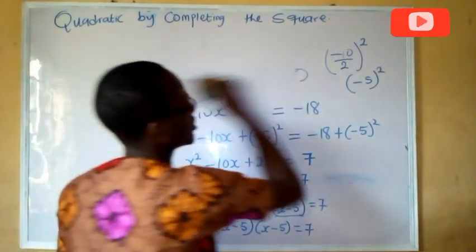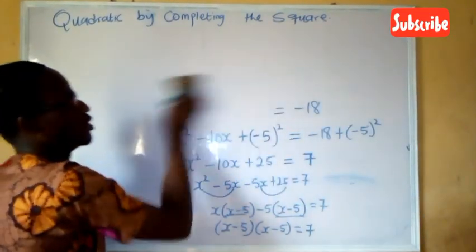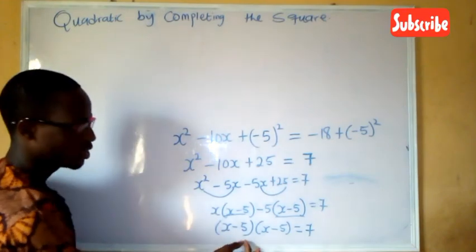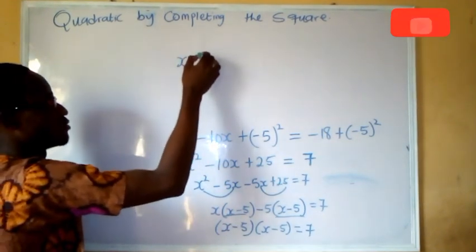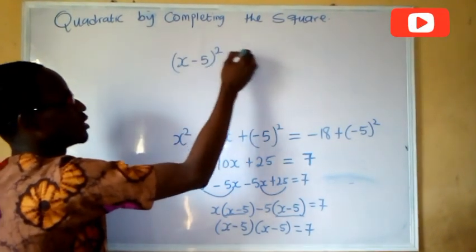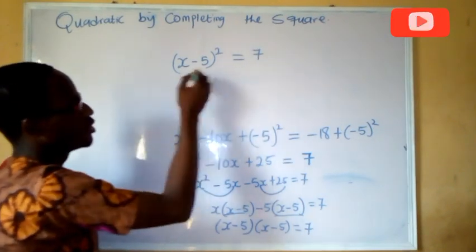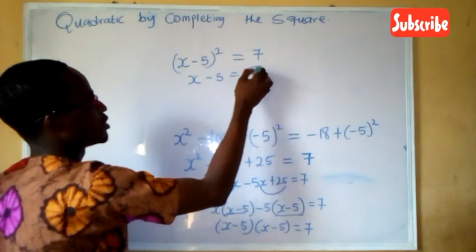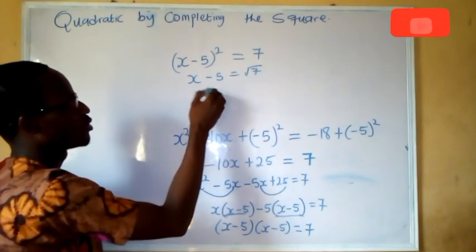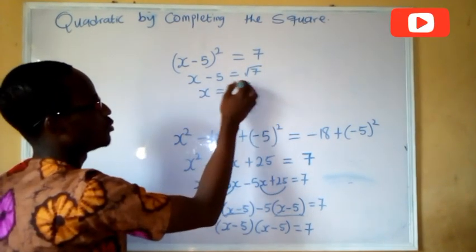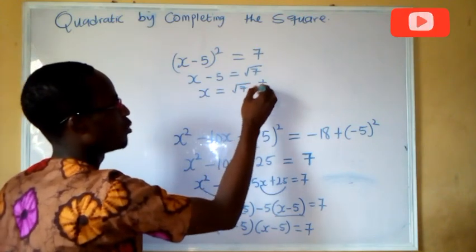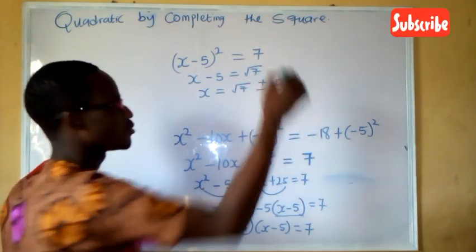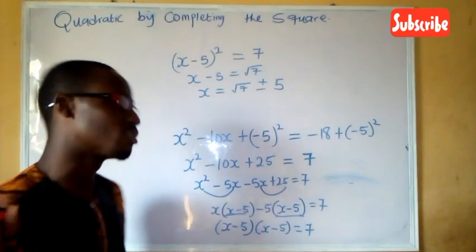So from there, I can actually say this is x minus 5 all squared equals 7. So x minus 5 will be root 7. Therefore, x equals root 7 plus or minus 5. That is the solution to that question.